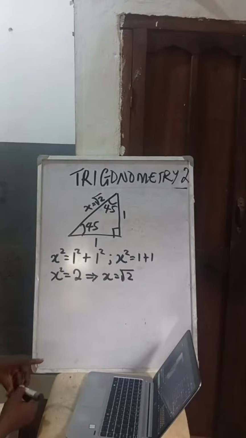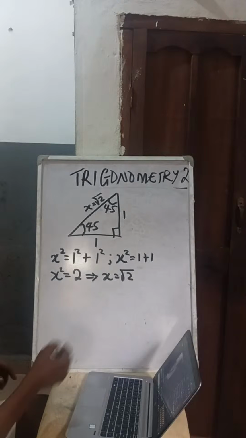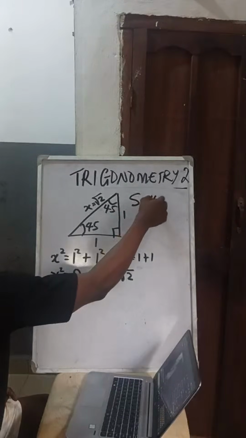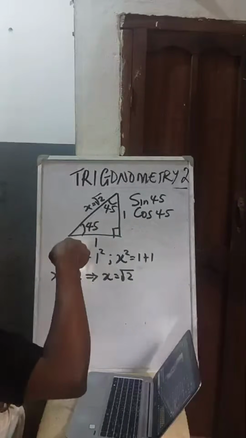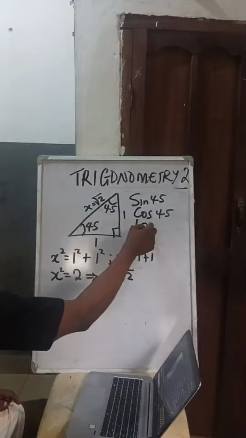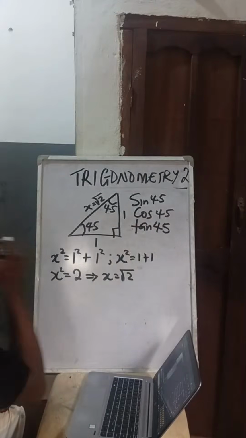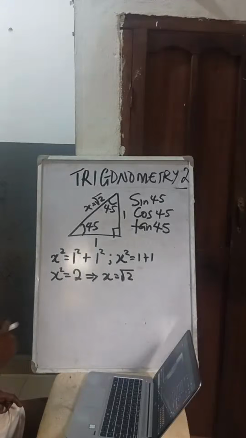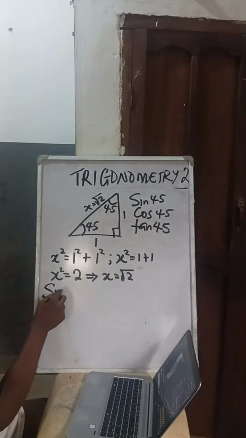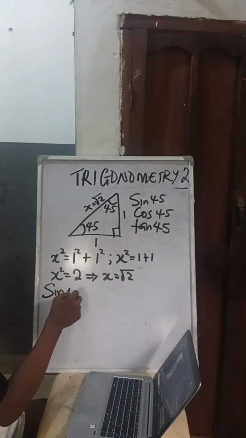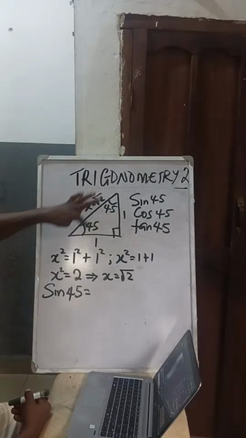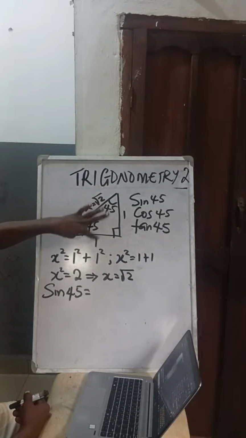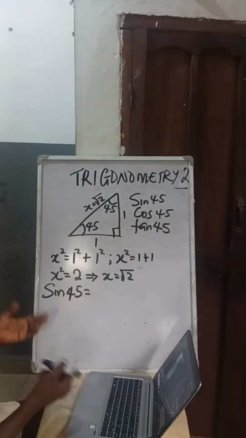Now, we can consider again sine 45, cos 45. This time around, tan 45. All right. Do you know that sine 45 is equal to, considering any of these sides, this is opposite to 1, 1 is opposite to 45, so they both can serve as opposite and adjacent at the same time.